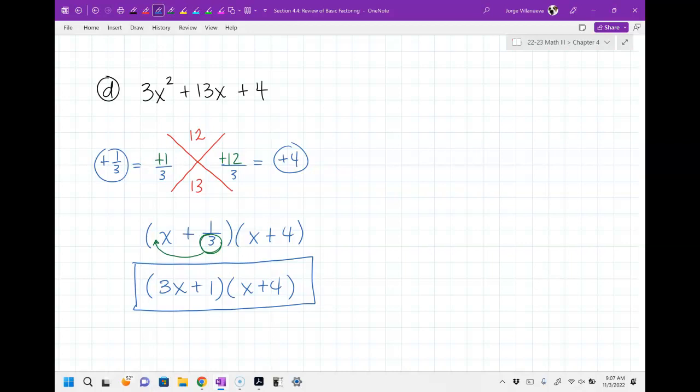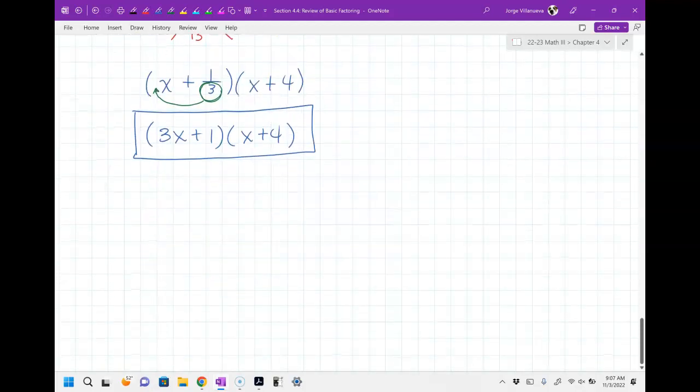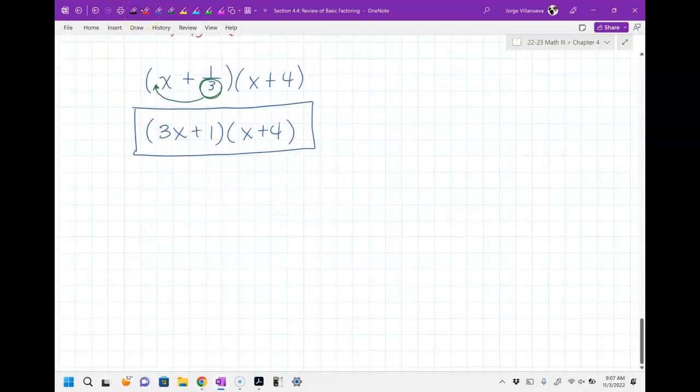Okay? I'll do one more like this, one more of these tougher problems. All right, now this will be part E, right? Now I know we already did a problem that had a negative in the front. I want to do another one and show you a little better technique as to how to deal with negatives.